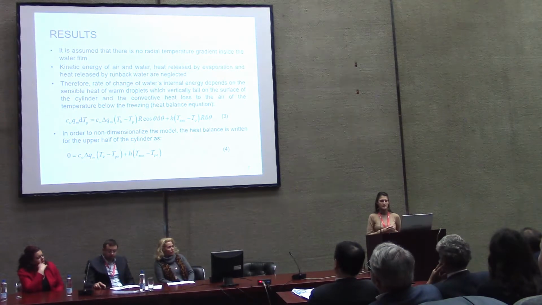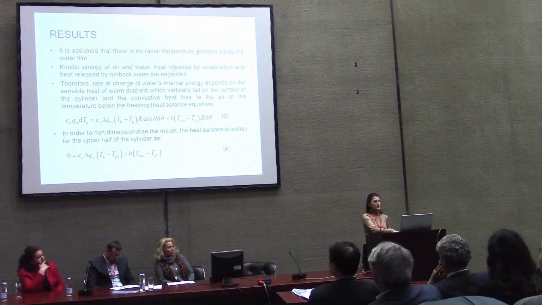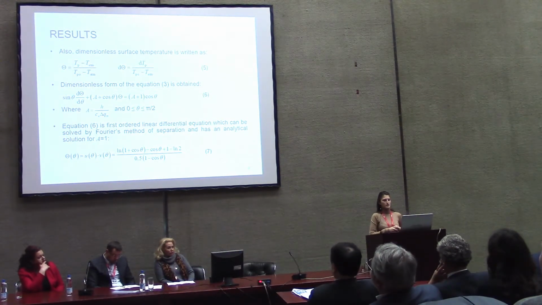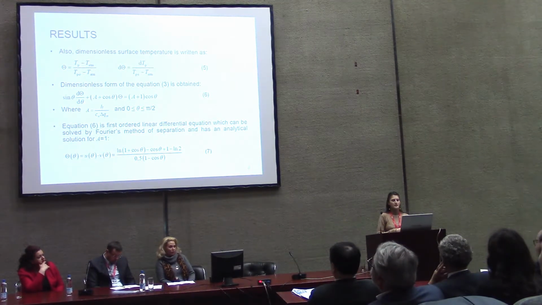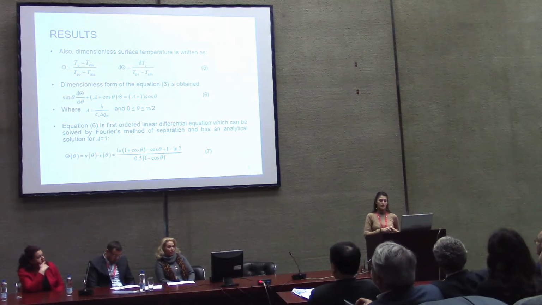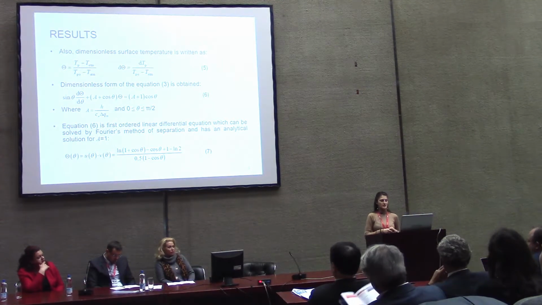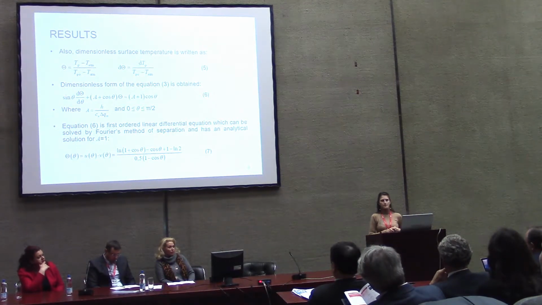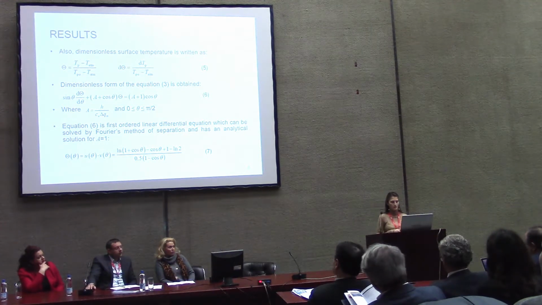Equation 4 is the heat balance equation for the upper half of the cylinder where angle is 0, and it is used for the purpose of obtaining the dimensionless form of equation 3. Also, using dimensionless surface temperature given by equation 5, the dimensionless form of equation 3 is obtained and it is given by equation 6, where A is a parameter and the angle has values between 0 and half of pi.